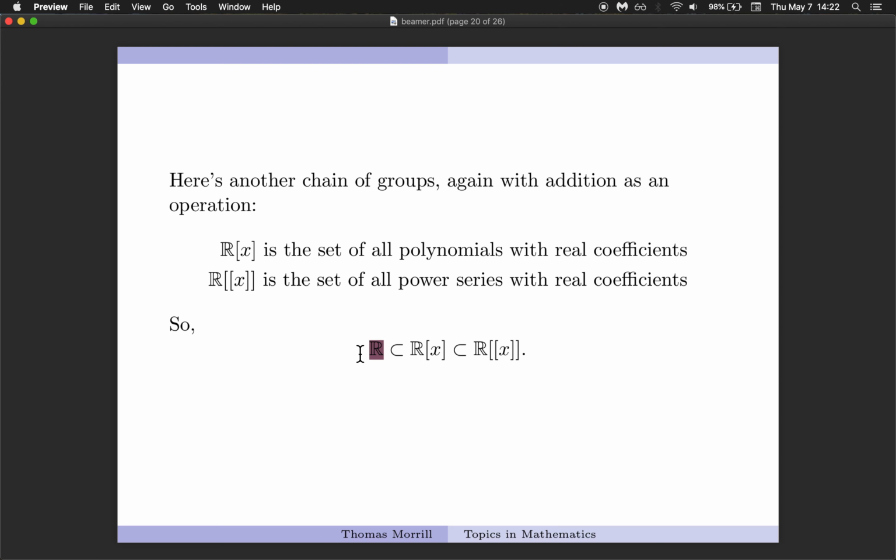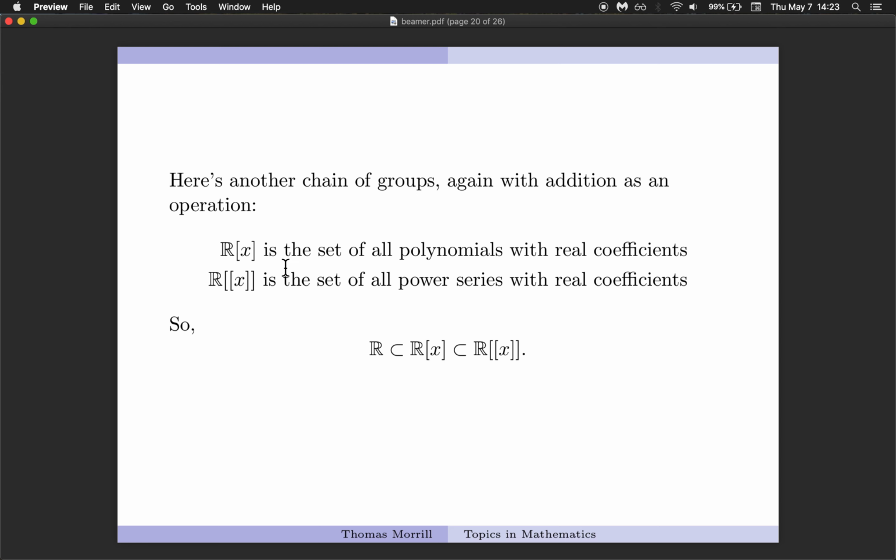So I'm going to use the real numbers as the bottom rung of my ladder here. R bracket x is the set of all polynomials with real coefficients, right? So anything like x squared minus 1, or 3x plus pi x squared minus 2, or maybe negative x to the power 407 plus 8. Those are all polynomials with real coefficients. They all belong to this set.